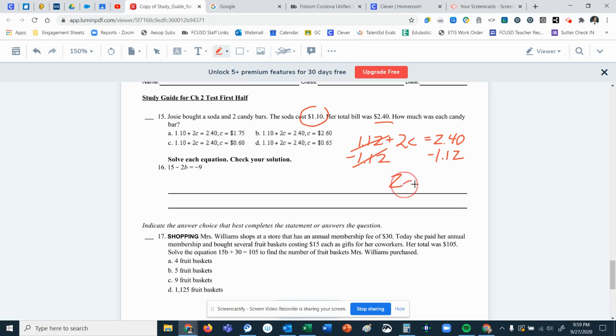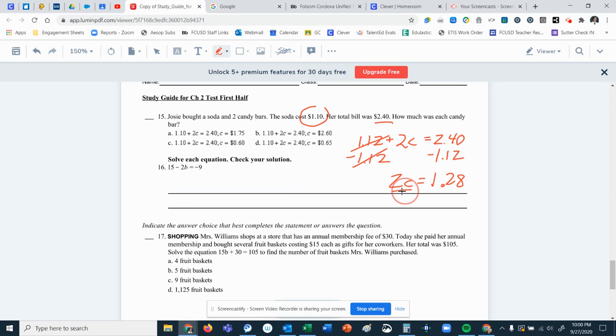So 2 candy bars now costs, let's see here, $1.28. Looks like it costs $1.28. And is that right? 10 minus 2 is 8. 3 minus 1. That's correct.